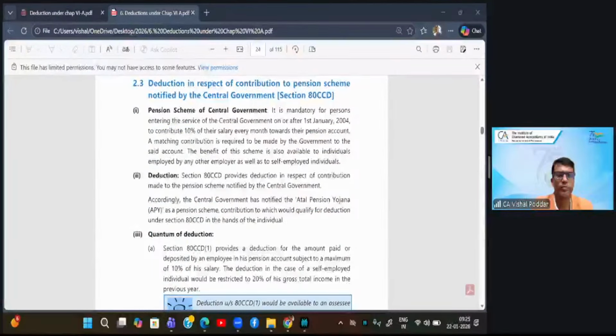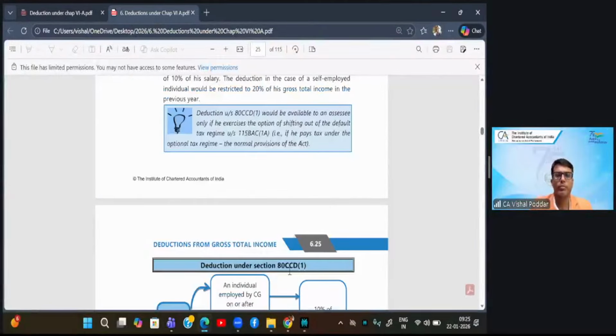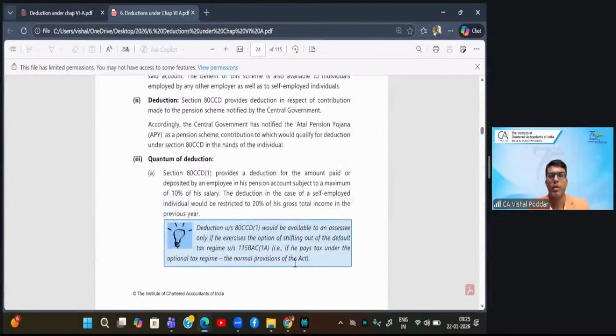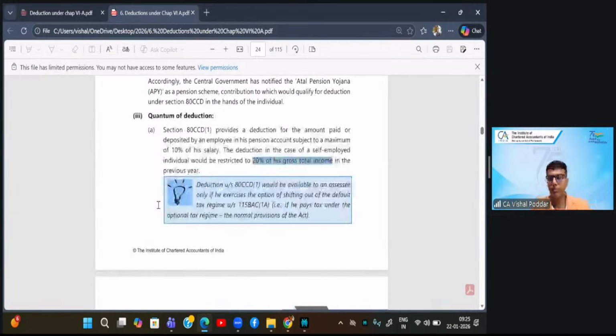Now, for employees, I just said that under 80CCD(1), you have a limit of 10% of salary. But there are also self-employed, because now this section covers self-employed also. For self-employed, the limit is 20% of GTI. Now here a common question is, sir, when they say 10% of salary, salary means what?